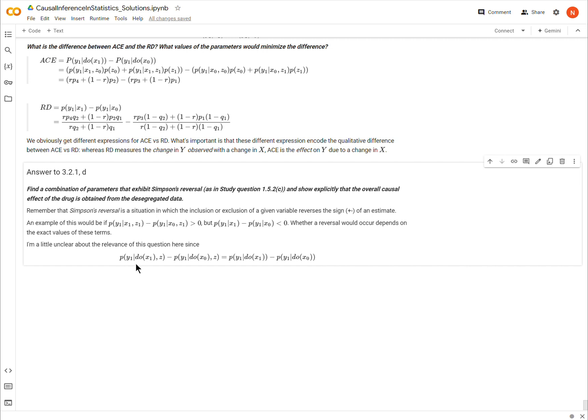So when we're using the do operator, then I don't think that we can have a Simpson's reversal. So let me know if you disagree. I'm not entirely sure about that, but I believe that's true. So anyway, call that good.